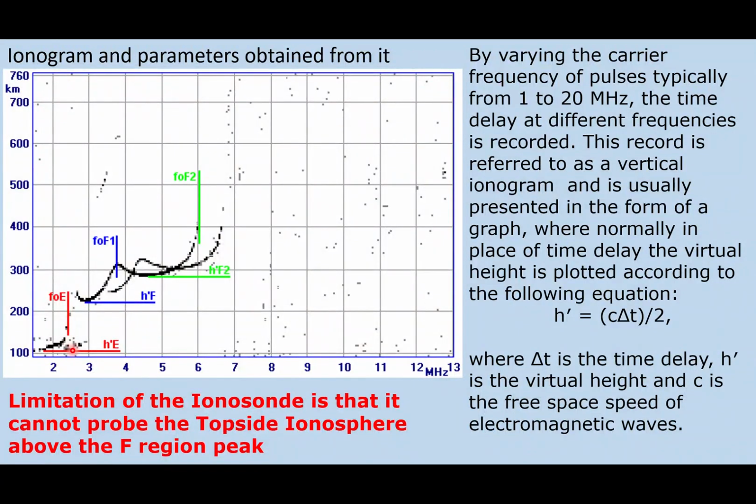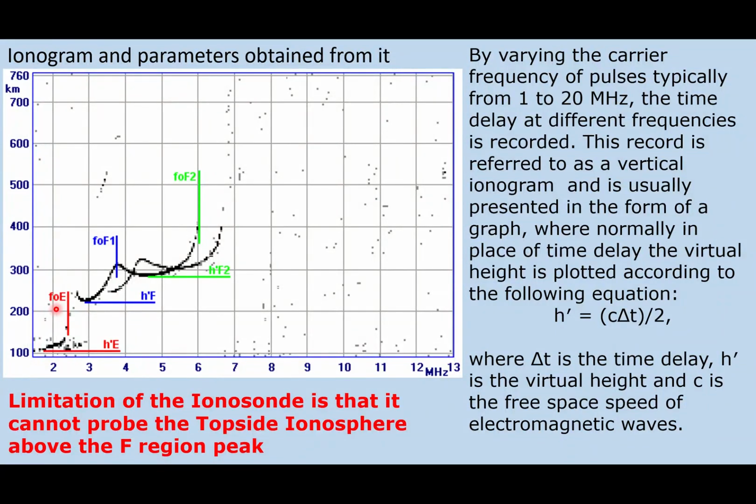Here it is marked as foE. The subscript O refers to the ordinary wave. The extraordinary wave may have a different trace, we will see now. So foE is the critical frequency of the E layer, the frequency at which this cusp occurs, here between about 2 to 3 megahertz.